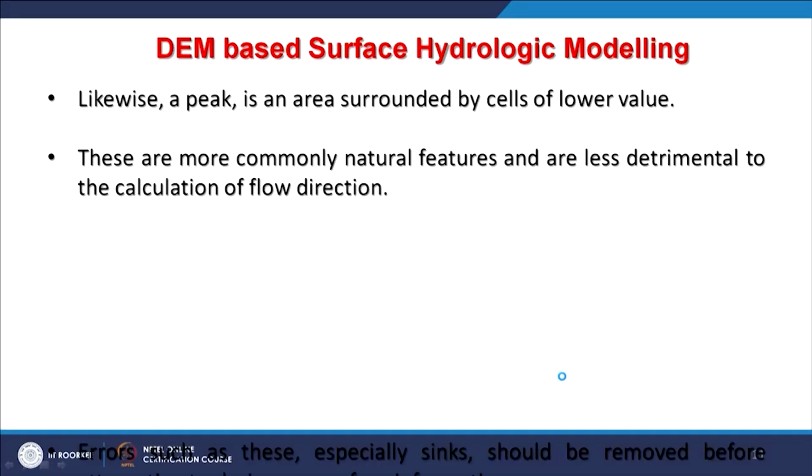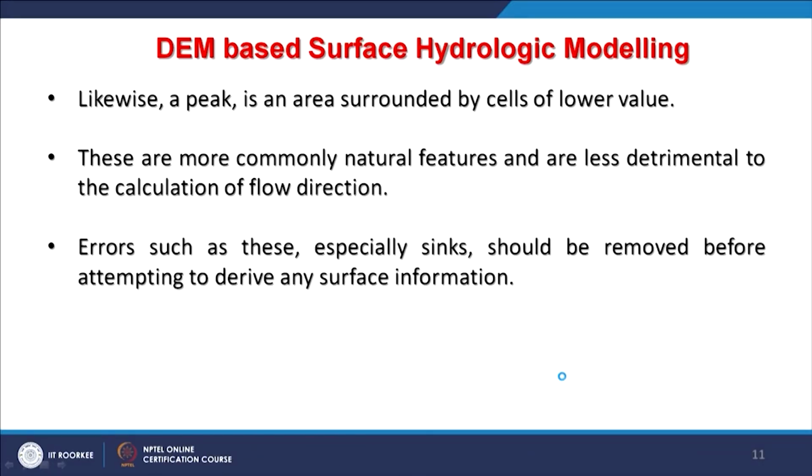Now, these are the more common natural features which are determined in the calculation of the flow direction. And errors such as sinks or peaks should be removed before we go for the next step in surface hydrologic modeling, because water has to flow, that is the assumption.